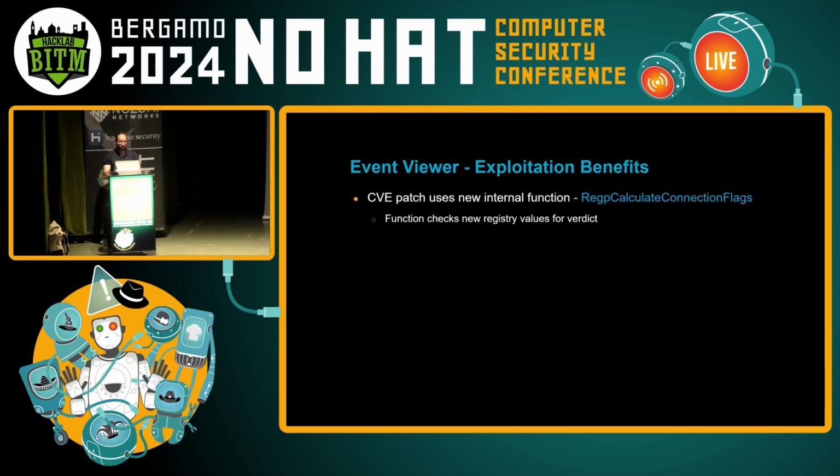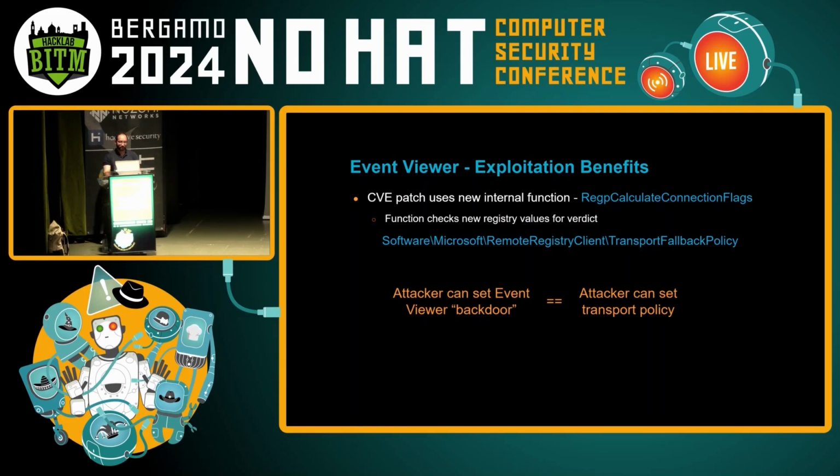But to bypass the patch for this CVE, we can also use administrative privileges, because the patch for this CVE implemented a new function called CalculateConnectionFlags, which checks the registry for various verdicts. And specifically, we have a flag called transfer fallback policy. If it's set, then you have the fallback. If it's not set, by default, you don't have the fallback, and that's the patch Microsoft made. So any attacker that can set the event viewer backdoor can also set the transfer policy, bypassing the patch.